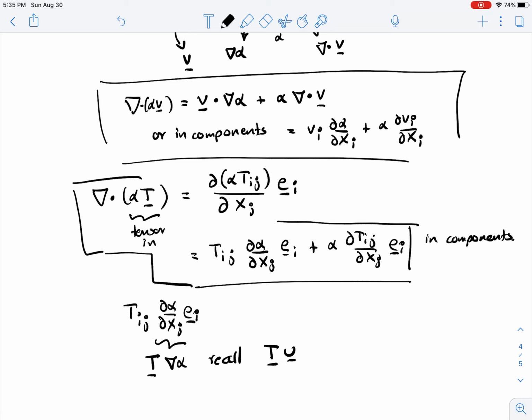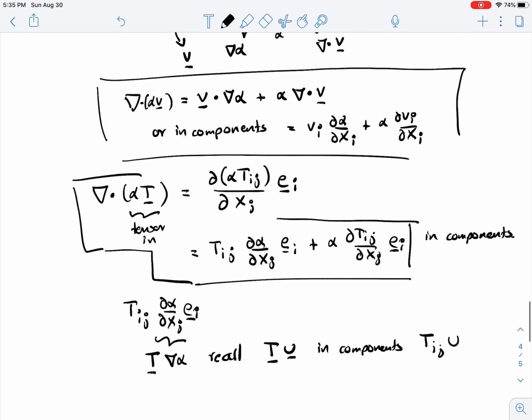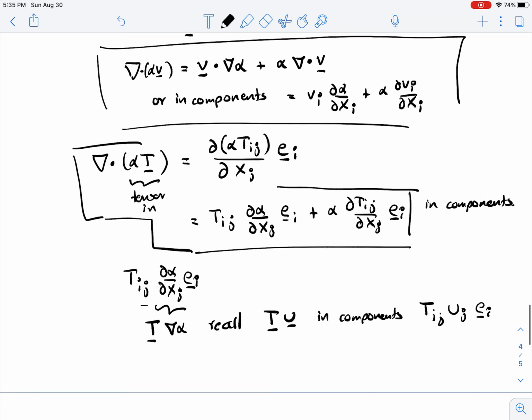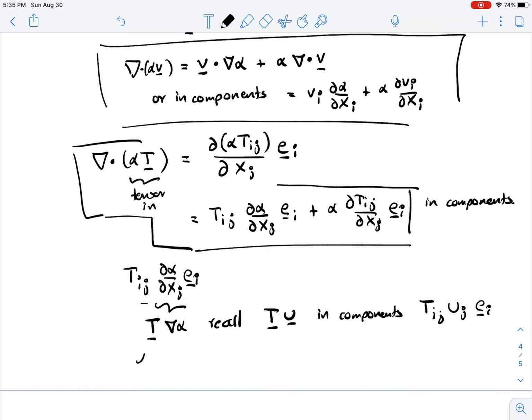Recall, for example, if you have a tensor and you're applying it to a vector, then in components, this will be Tij uj ei, right? So this looks very, very similar to what we have here. So this is just the tensor T applied to the gradient alpha.